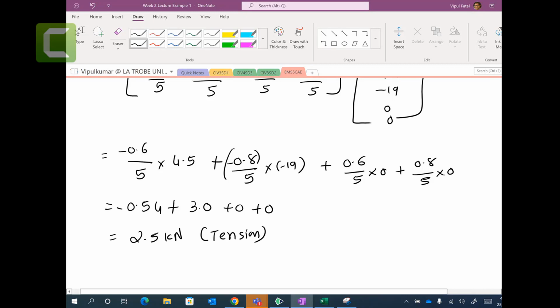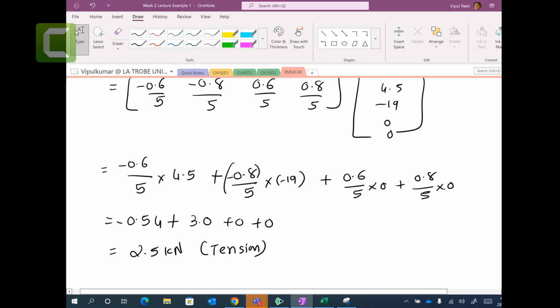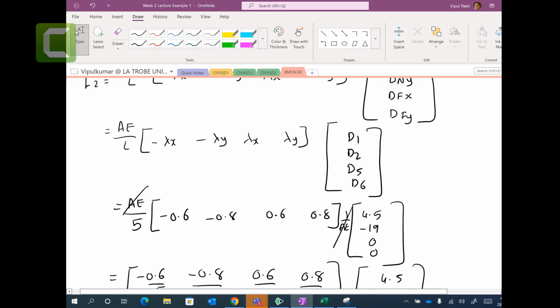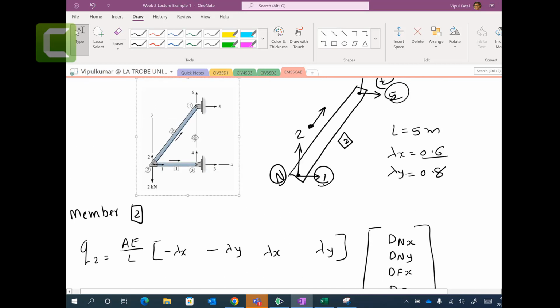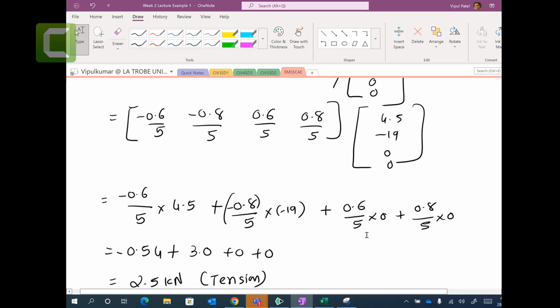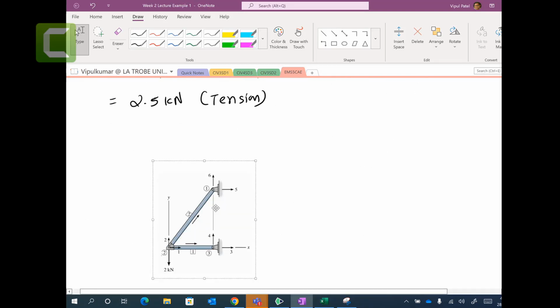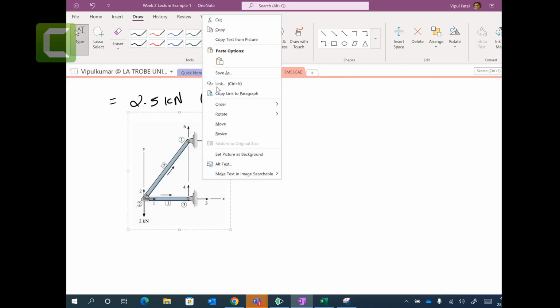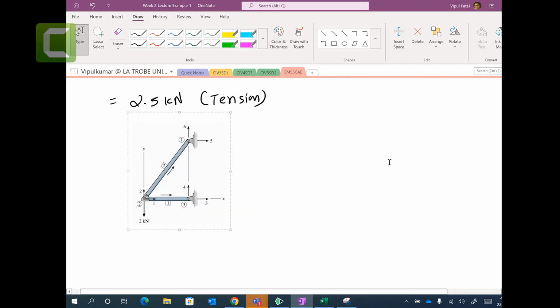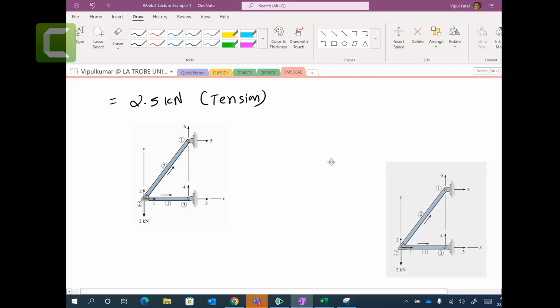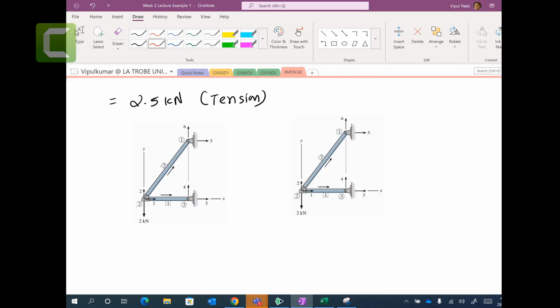Positive meaning tension. And before we go, let's copy these figures here. 2.5 kilonewtons.